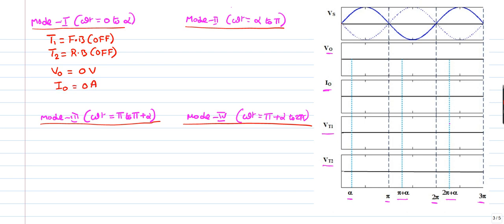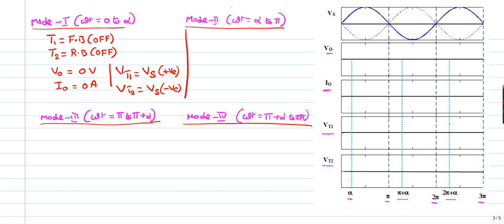Now VT1: T1 is off state, so it will be Vs. VT2 is also off state, so it is also Vs. But T1 is in forward blocking mode, so I have positive Vs, and T2 is in reverse blocking mode, so I have negative Vs. So these are the various components for mode 1.